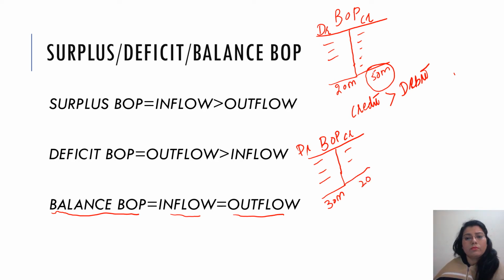The credit side is 20 million. So here the debit side is greater than the credit side. That is called deficit balance of payment.